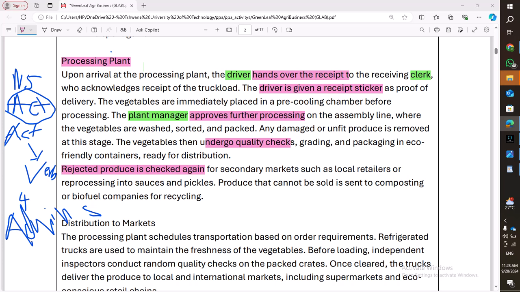And also remember this system is also packing in a container. It does the packing, and then these vegetables are ready to be distributed.